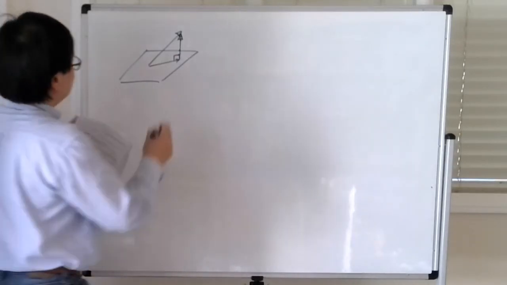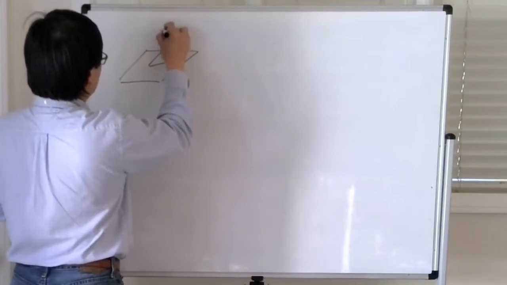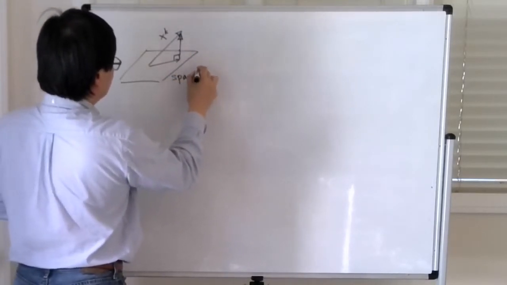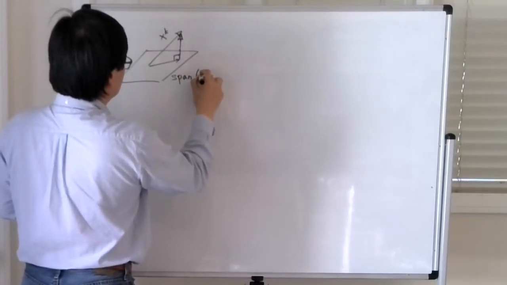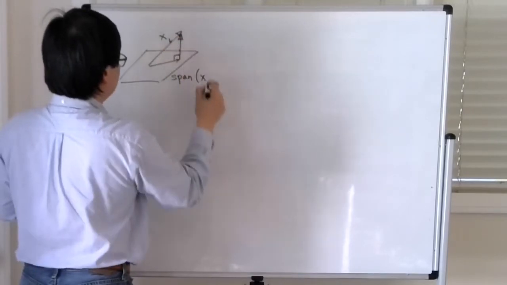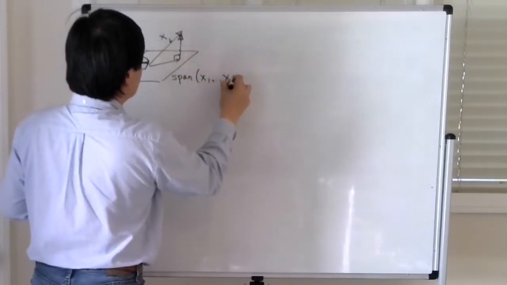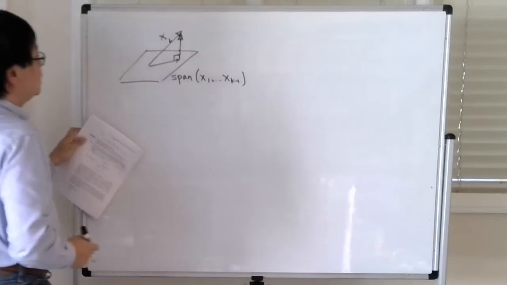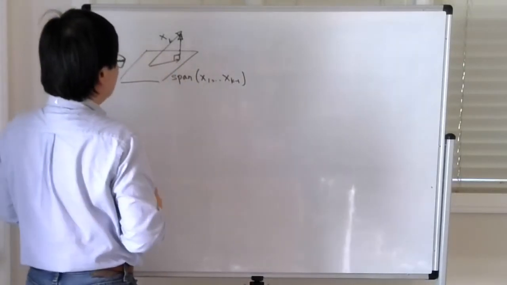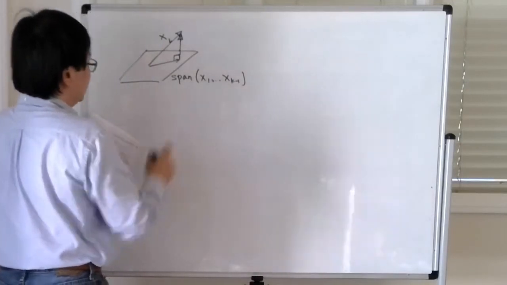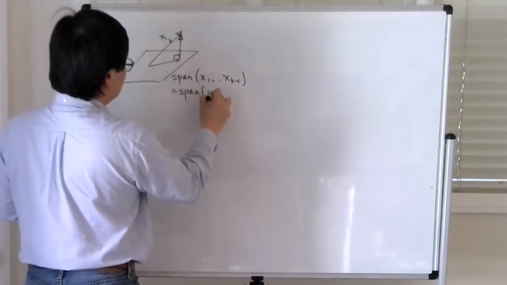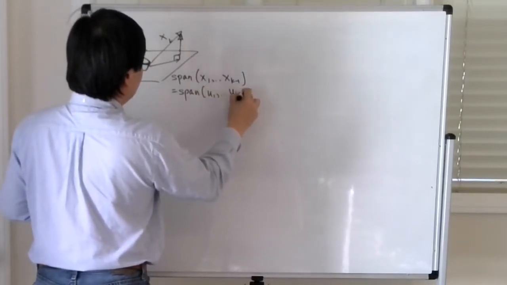So this would be xk, and this would be the span of x1 to xk minus 1, and the orthogonal projection is onto this span. We've already assumed that this span is equal to the span of u1 to uk minus 1.